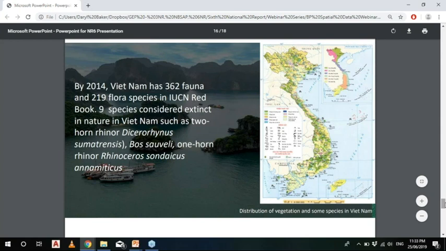This is a positive change showing the diversity of Vietnam's biodiversity, that many species are being discovered every day, and it shows the positive outcomes of the different conservation activities that have been taken. Next slide, please.